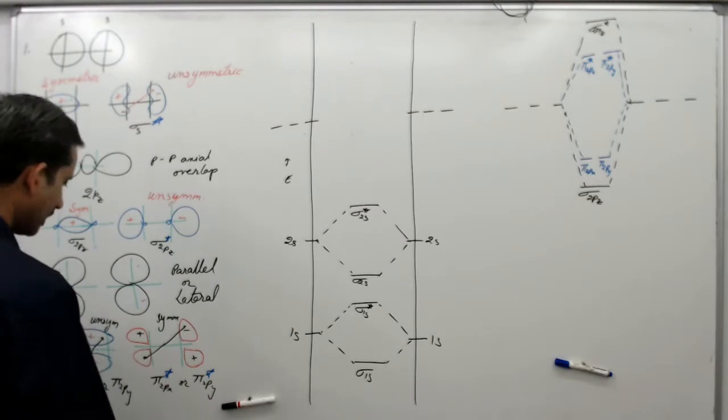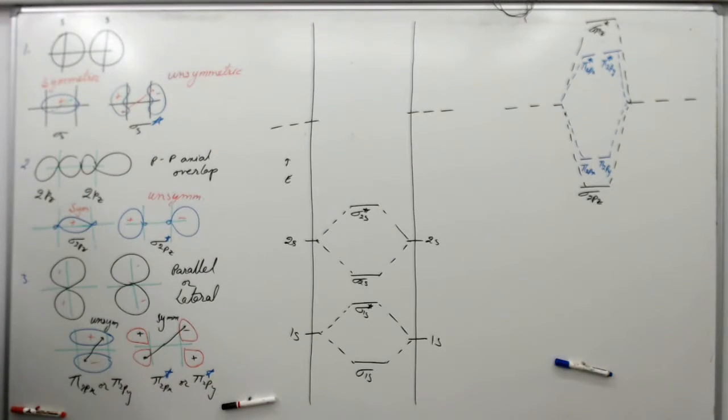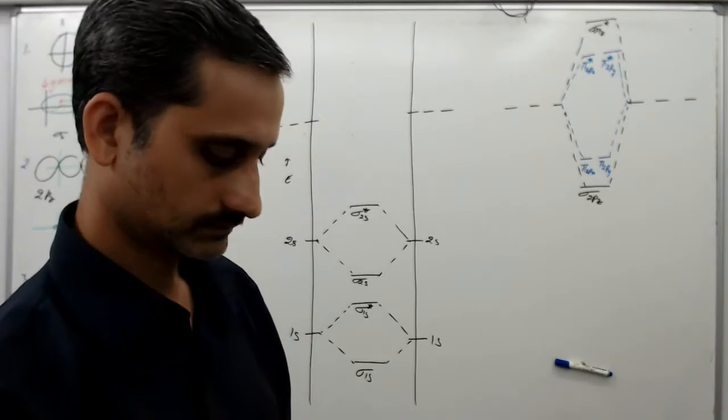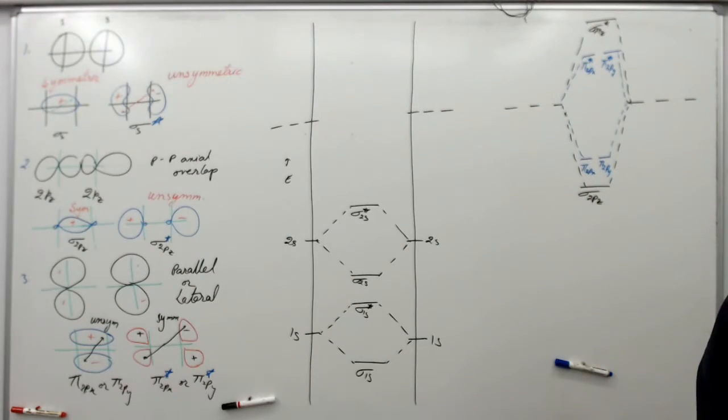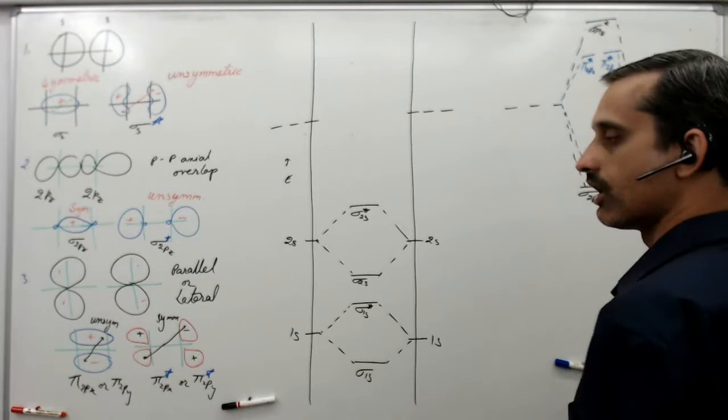Now, Rohan, see one more very important thing. If I talk about sigma s and I talk about sigma p, can you see that they have the same region of probability? The sigma s orbital and sigma p orbital have the identical region of probability.